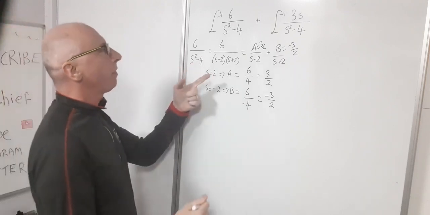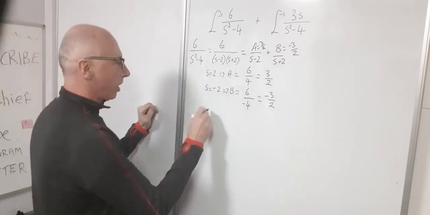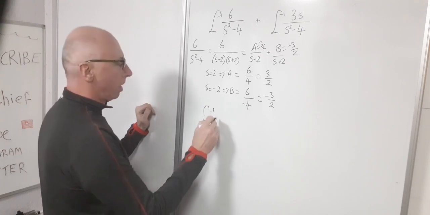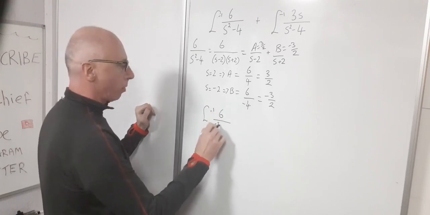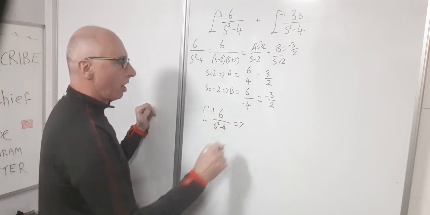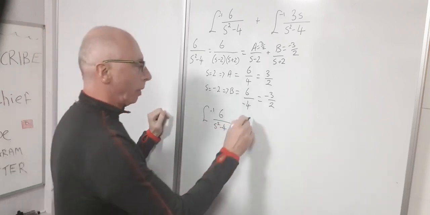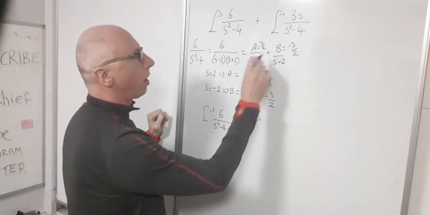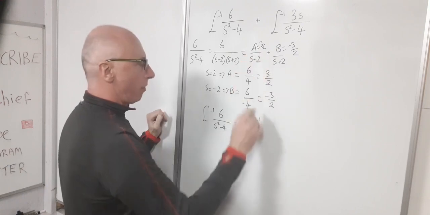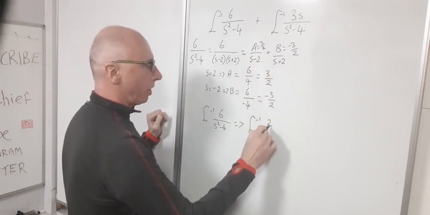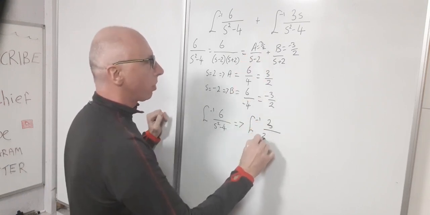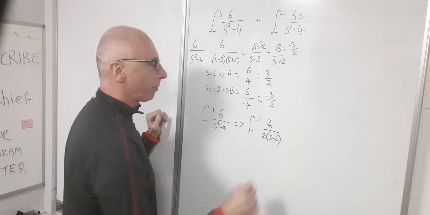So now I'm going to have this one here. So the inverse Laplace of 6 over s squared minus 4, I can rewrite as the inverse Laplace of (3 over 2) over (s minus 2), so I can write that as 3 over 2 times s minus 2.